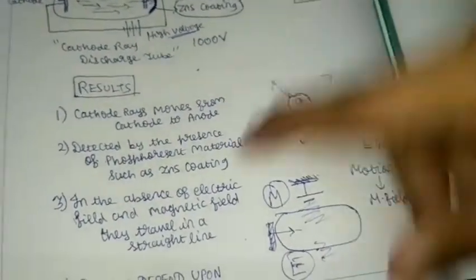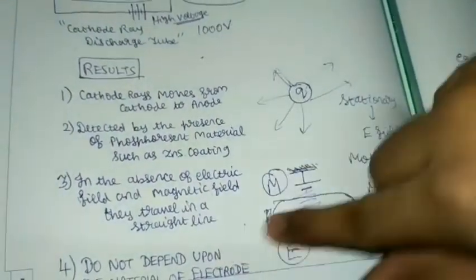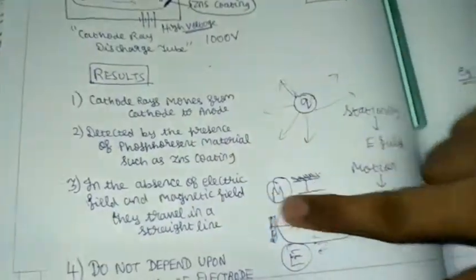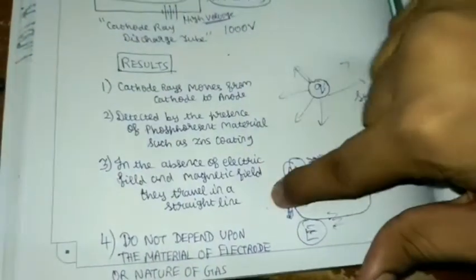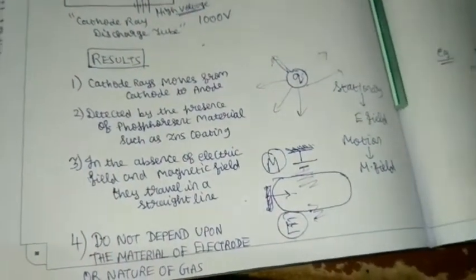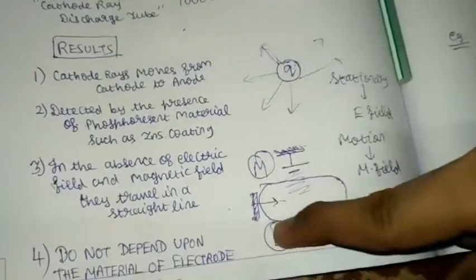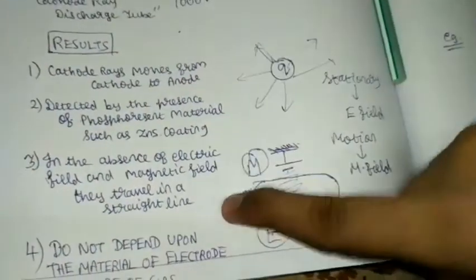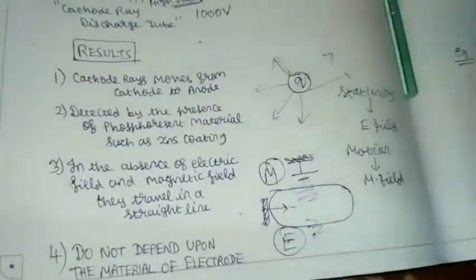When an electric field was applied, the rays deviated like that. When a magnetic field was applied, they deviated like this. And when both were equal, they went straight. The amount of deviation depended upon the charge on the particle, the mass of the particle, and the strength of the electric and magnetic fields.